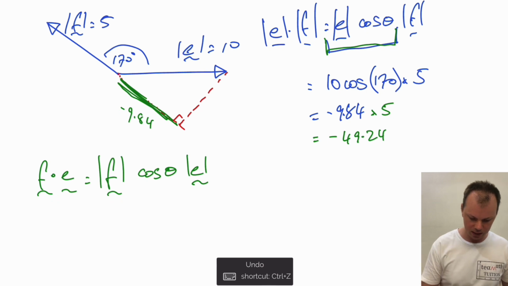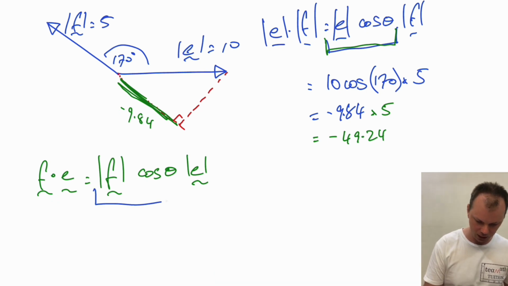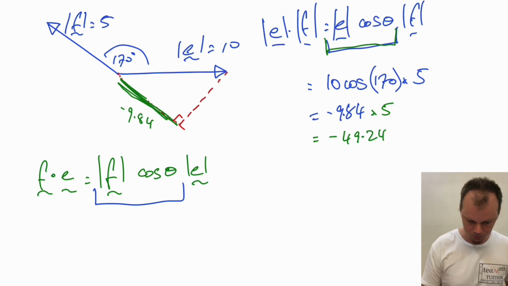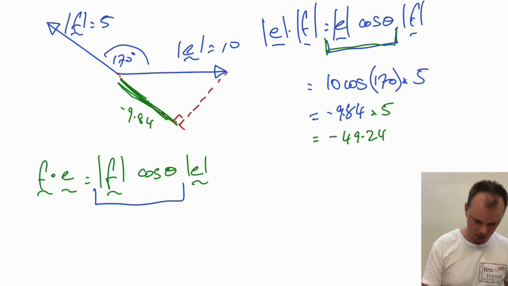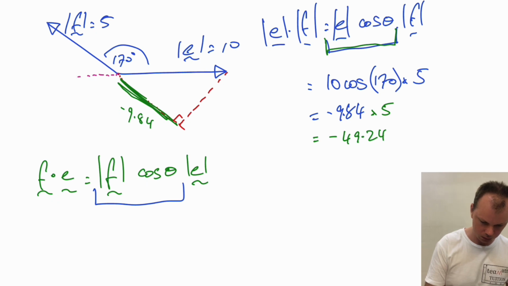So in this case, we are finding F cos theta first, which is the projection of F onto E. So we've got this length here.